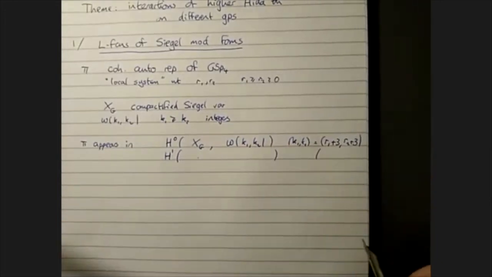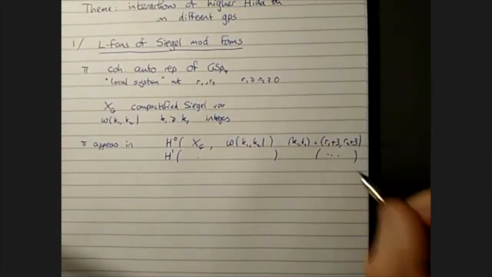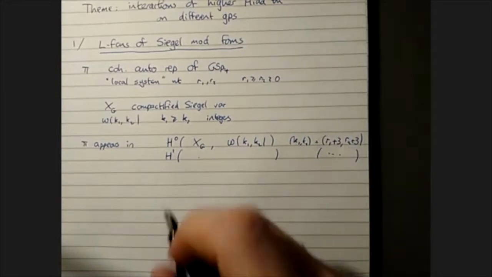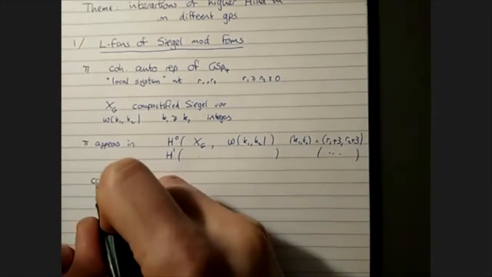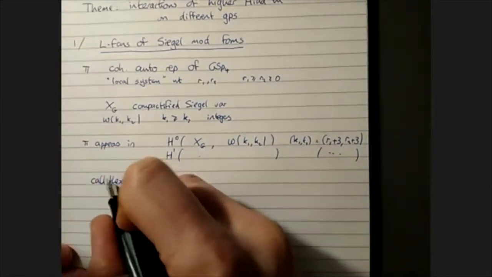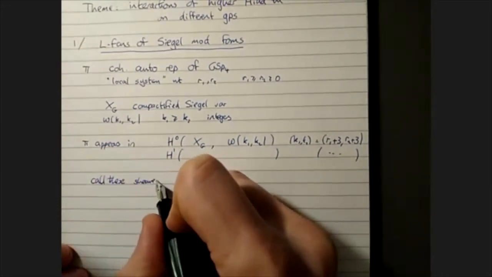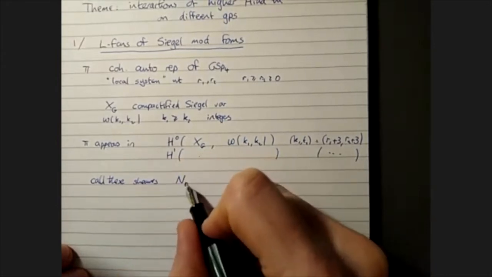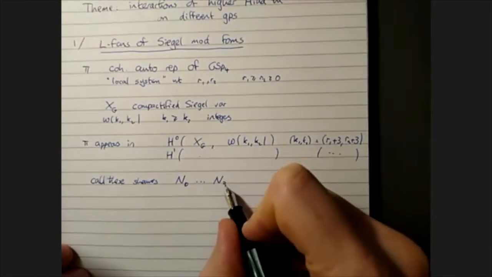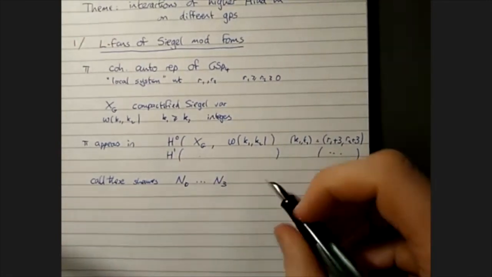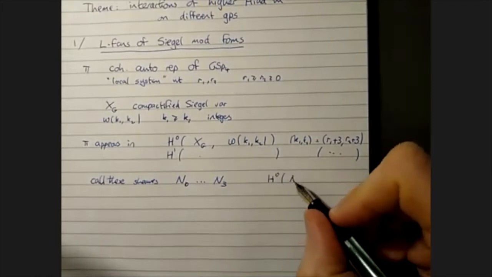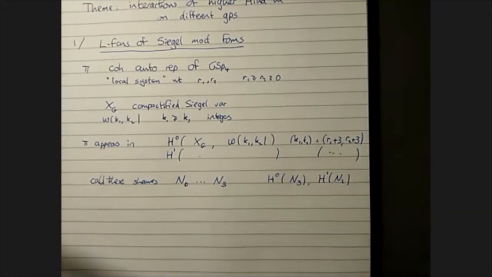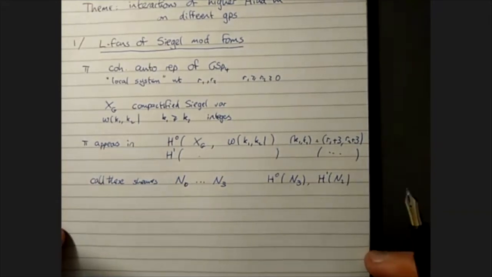And there's some other formula here. And these are all in different Weyl chambers. And let's call these sheaves N0 up to N3. So it contributes to H0 of N3, H1 of N2, etc. I've numbered them this way round because then they naturally form a complex.